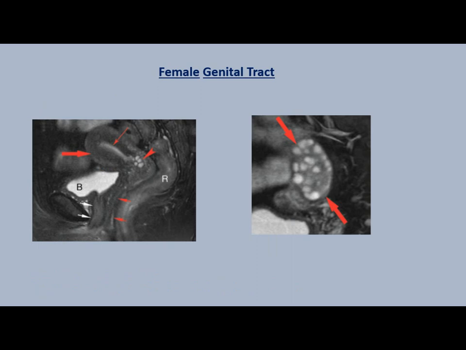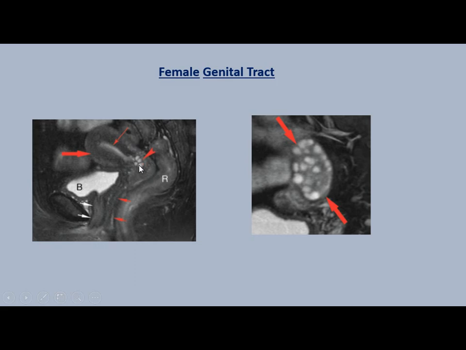Regarding the anatomy, the best sequence for uterine anatomy is T2, in which there is a hyperintense mucosa surrounded by low signal hypointense transitional junctional zone, then the myometrium, which is intermediate signal intensity.